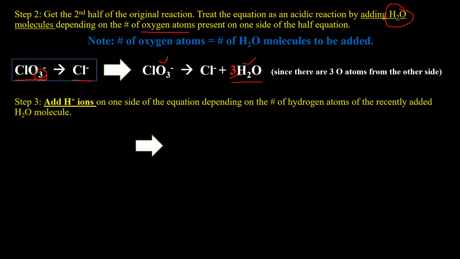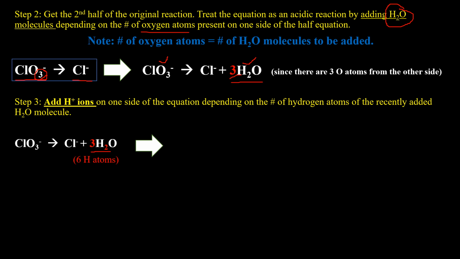After adding water molecules, we add hydrogen ions on one side of the equation depending on the number of hydrogen atoms of the recently added water molecules. So we count the number of hydrogen atoms found in the water molecules that we added. Since we added 3 water molecules, there are 6 hydrogen atoms.